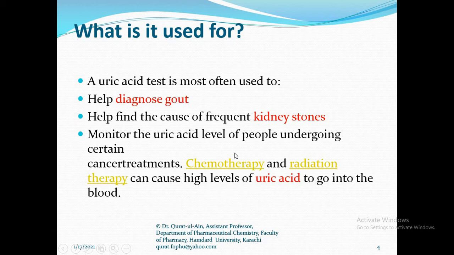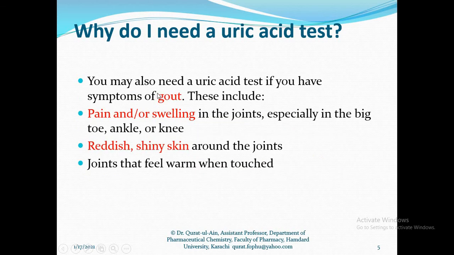Uric acid can also be produced in your body after chemotherapy, after using anti-cancer drugs, or after radiation therapy. The question is, why does someone need to perform the uric acid test?